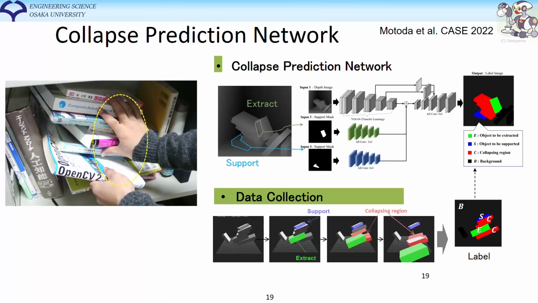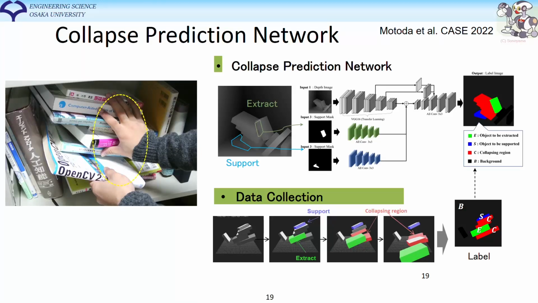And we use the neural network, the so-called collapse prediction network. By using the physics simulator, we train the neural network to predict if the pile is going to collapse.